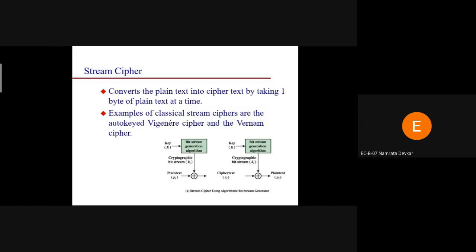First the plain text is encrypted, and once it is encrypted we get the ciphertext. That ciphertext can be understood only by the receiver. The hacker cannot understand what information was encrypted.